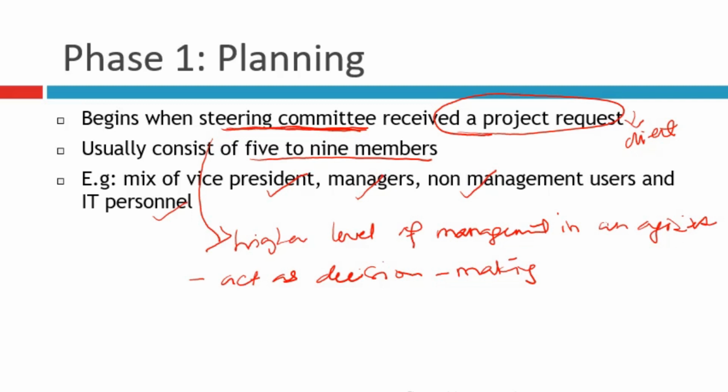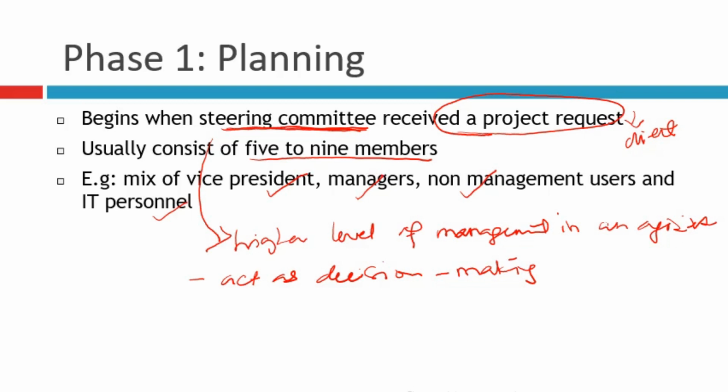The steering committee has the authority to decide on any decision for a certain request, proposal, or project request. So when the steering committee receives a project request, they have the authority to decide whether to accept, reject, postpone, or just terminate the project.